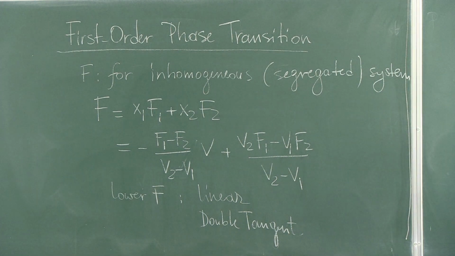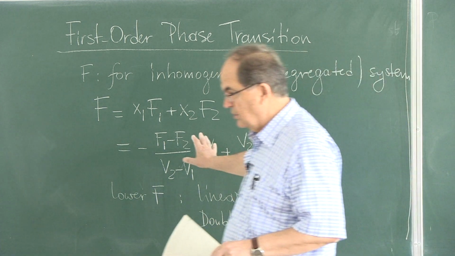When the straight line becomes a double tangent, you have the lowest free energy. Now, let's see the meaning of this double tangent to lower the free energy by looking at the unstable region again. Is that okay?